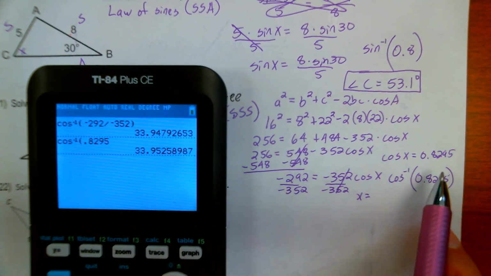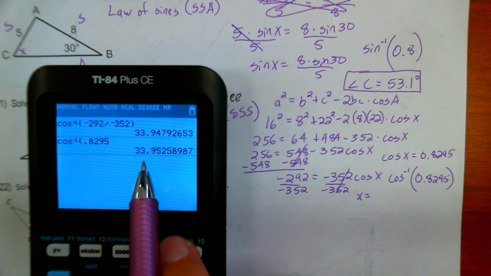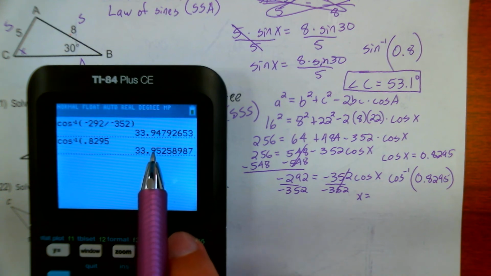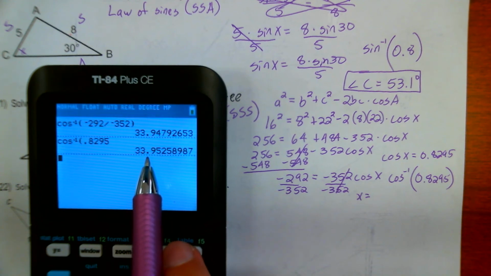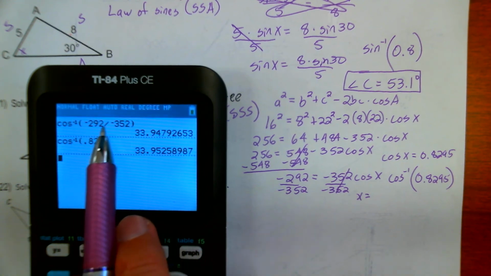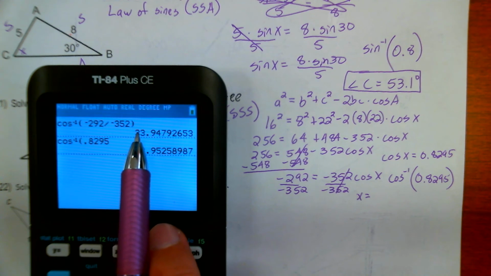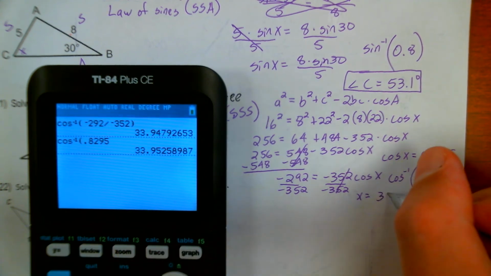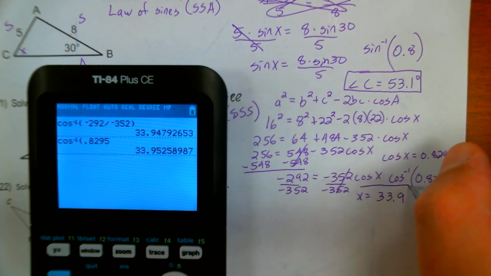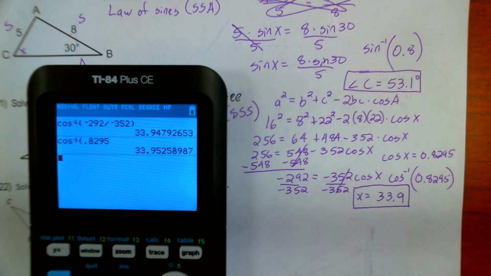So when I take the inverse cosine of that number, that's actually going to change it, because the way I have it, the 5 rounds that up to a 0. This would actually be 34.0. But since we want to be precise and completely accurate, I'm going to leave it as the 33.9 number. But just know you can be off by a tenth, even if you carried it out 4 or 5 decimal places. Okay, so rounding is very important.